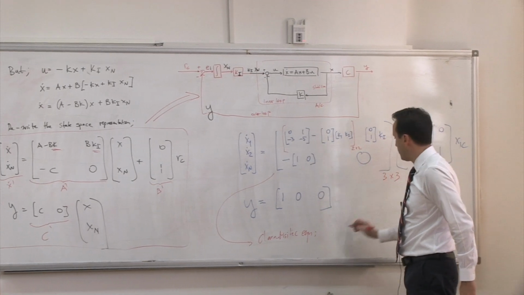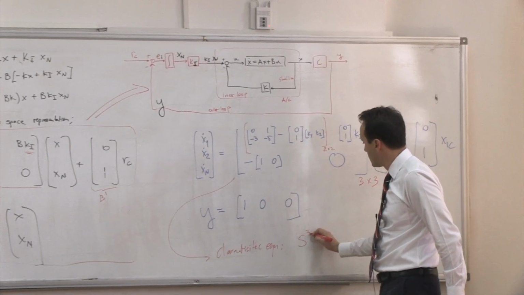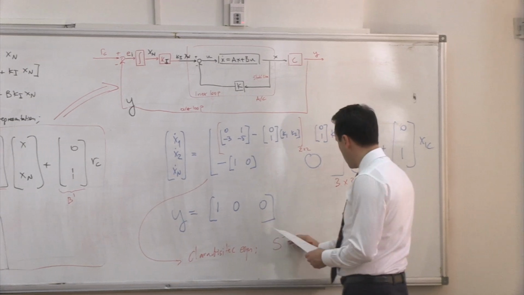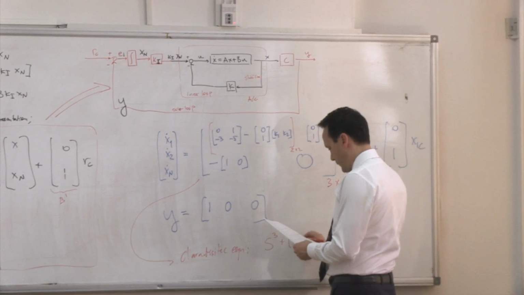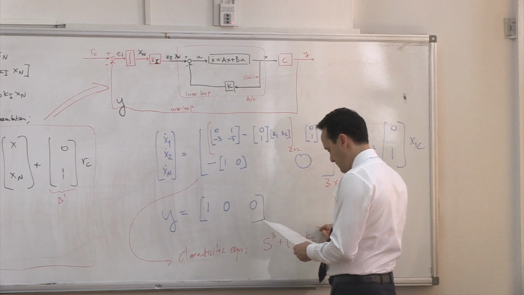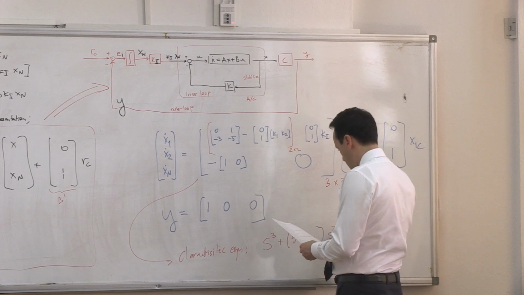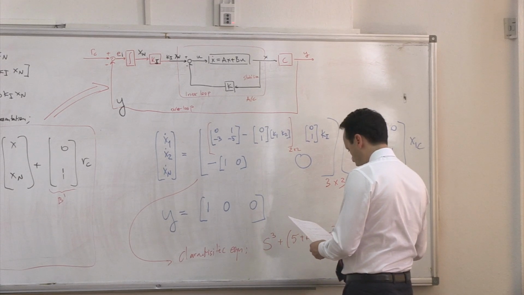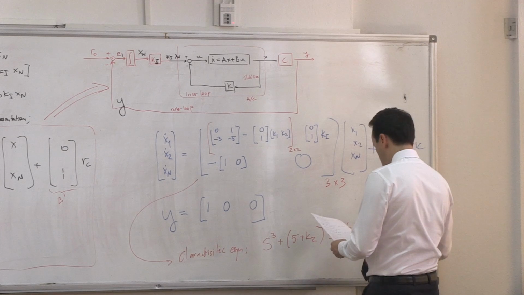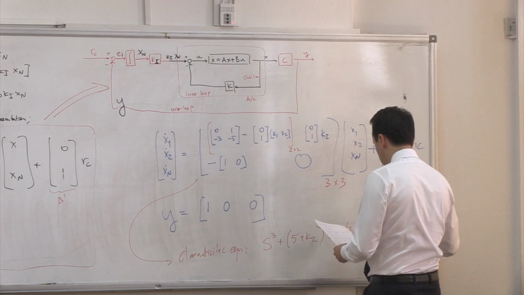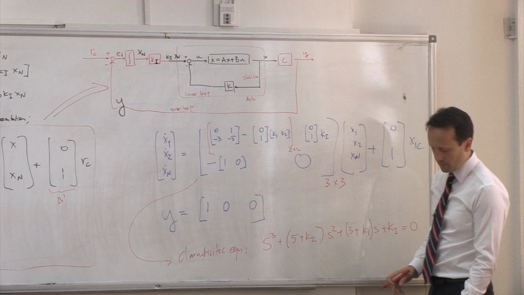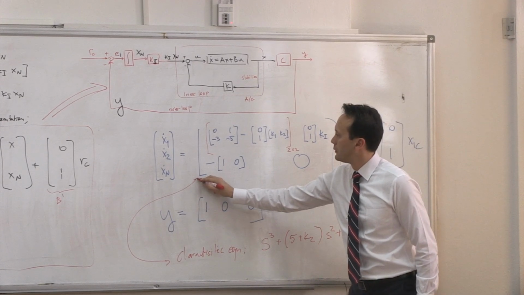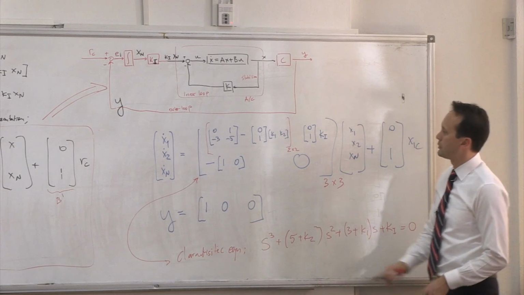Because now it's a 3 by 3, it will be S cubed plus 5 plus K2 S squared plus K1 S plus Ki will be equal to 0. That is the characteristic equation of this matrix, of this new system matrix.